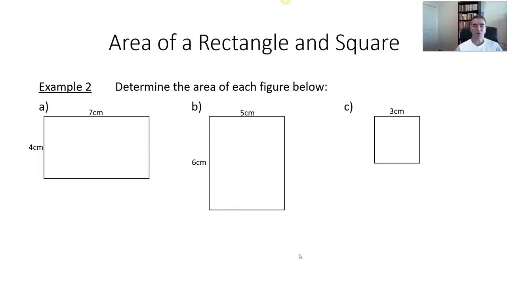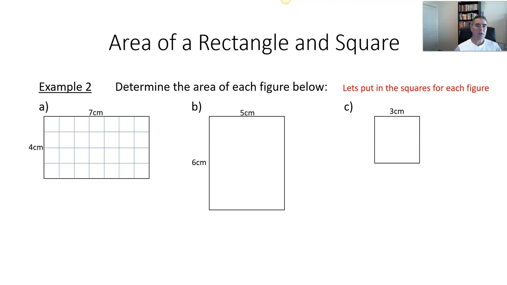Okay, let's have a look at some more. We've got a rectangle, another rectangle and a square, and we can put in the squares for each of the figures. There's 1, 2, 3, 4, 5, 6, 7 across there, 7 centimeters.